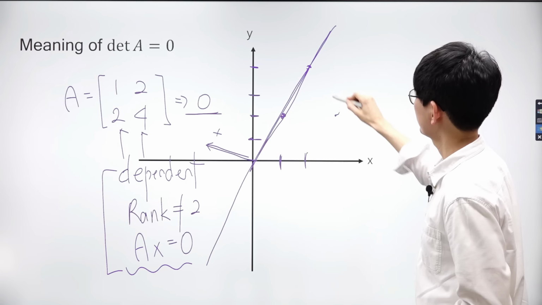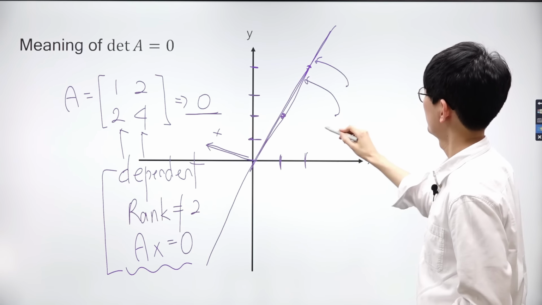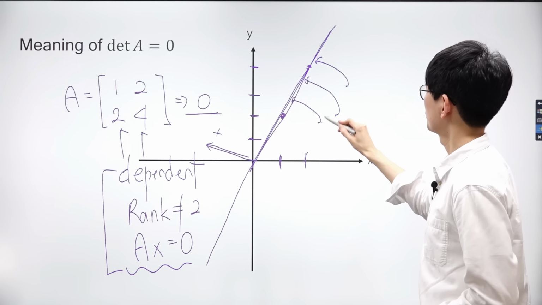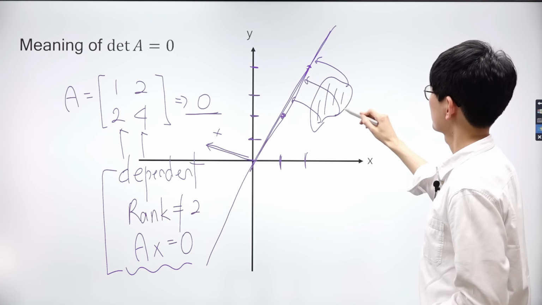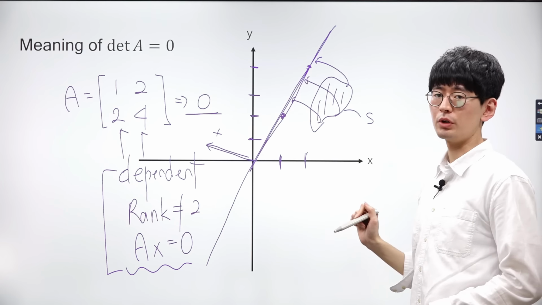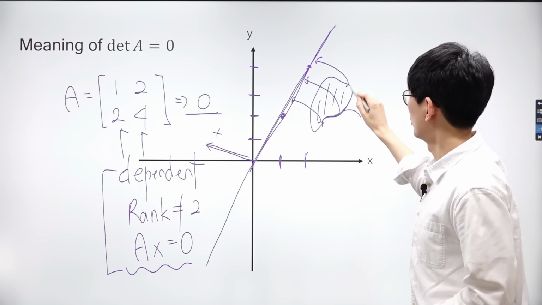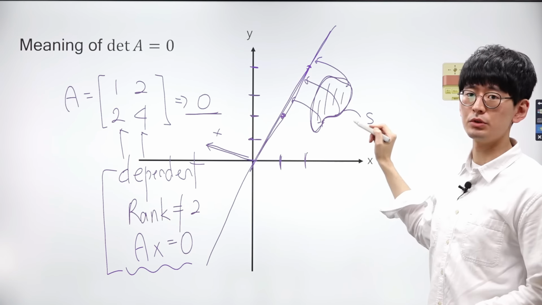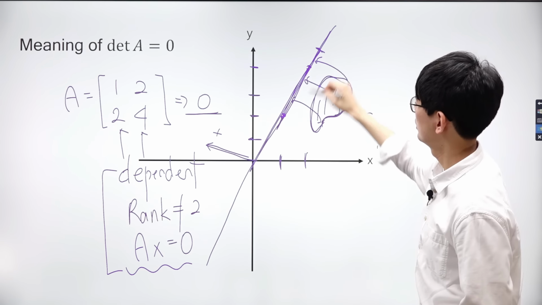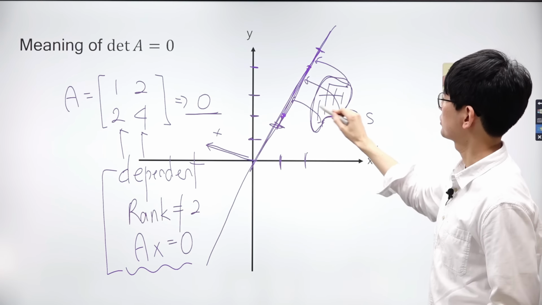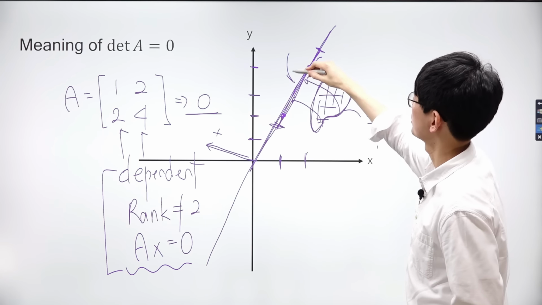Now consider an arbitrary shape or region denoted as S in the plane. Initially, in the original coordinate space, we can measure the area covered by S. However, every point within S eventually maps onto the line, resulting in an area of 0.